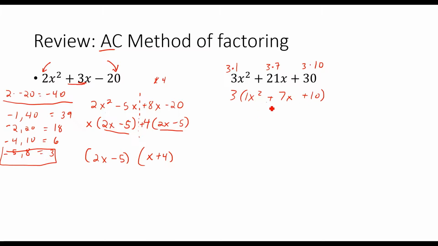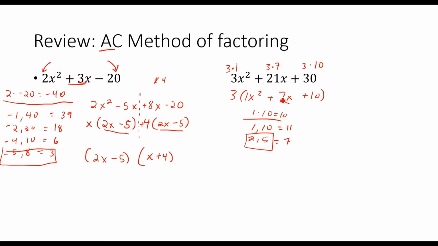I'm going to take 1 and 10 and multiply them together and just factor out the values. So 1 times 10 is 10. Our factors are 1 and 10, 2 and 5, and that's it. I want two numbers that when you add them up give you 7. This is 11, this is 7. These are my numbers.